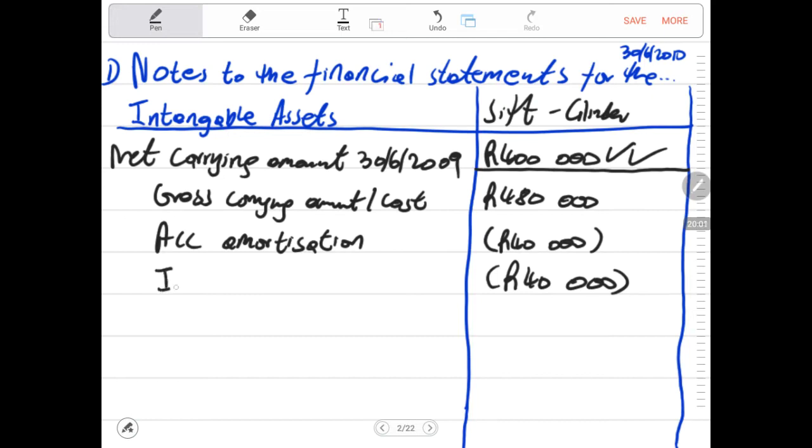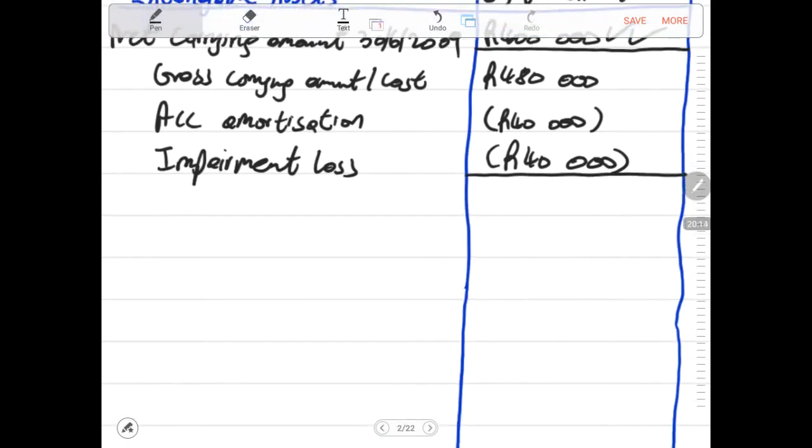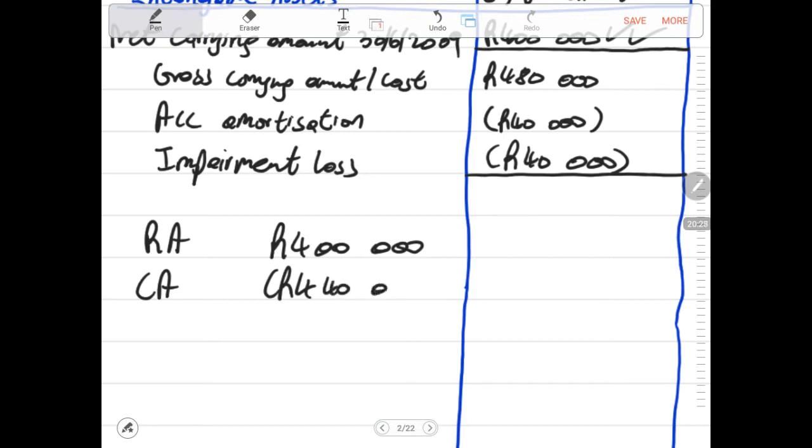So now this will be impairment loss or accumulated impairment loss. This will be our impairment loss, which we calculated by saying a recoverable amount at the end of June 2009 is 400,000 rands, and our carrying amount at this date is 440,000 rands.